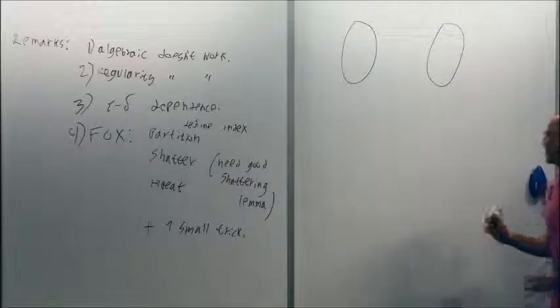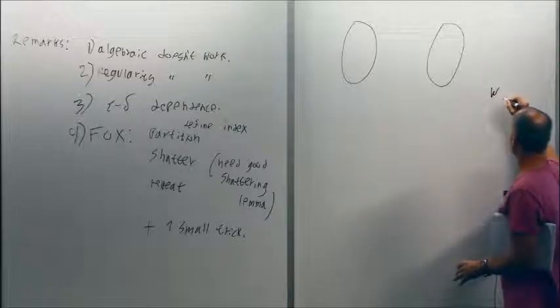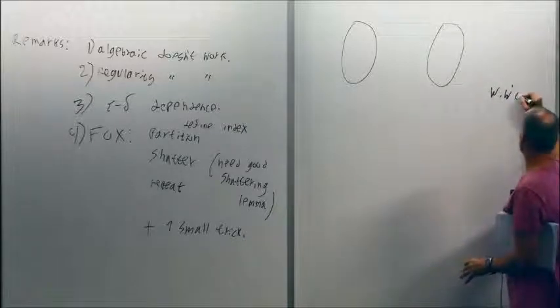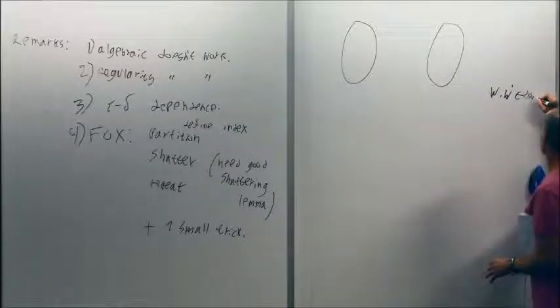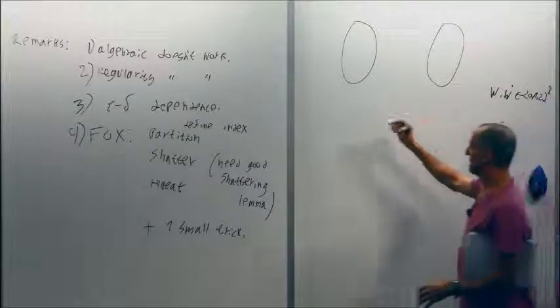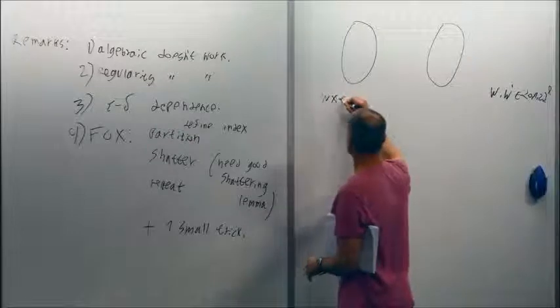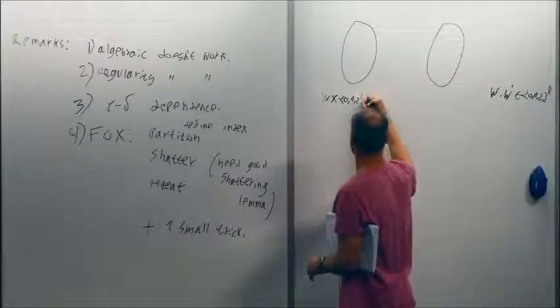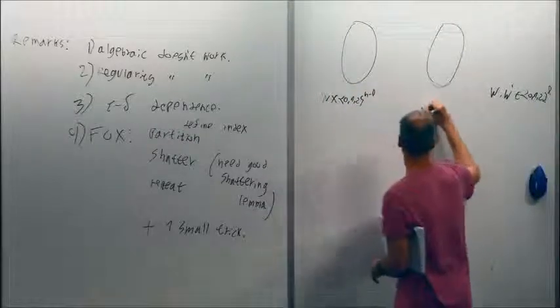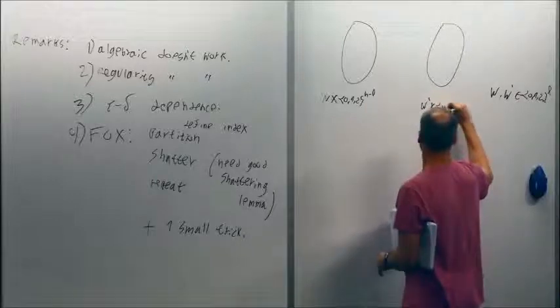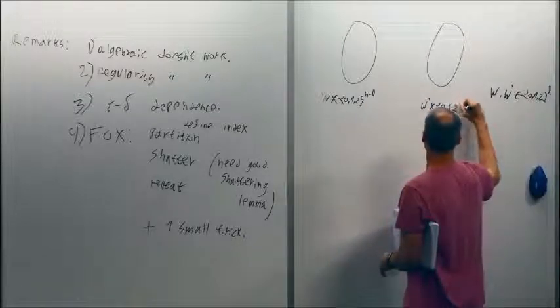So I have W and W prime, which are in {0,1,2}^L. And what I have here is just W times {0,1,2}^(n-L), and W prime times {0,1,2}^(n-L).